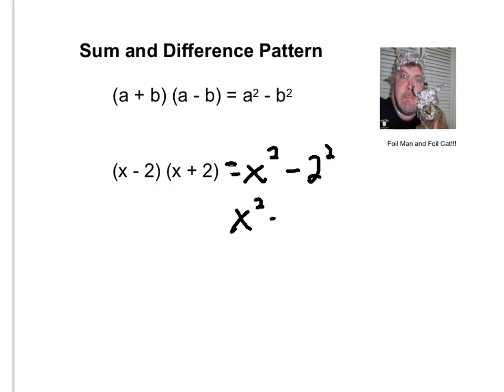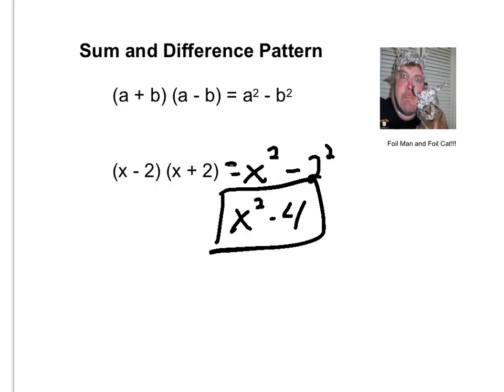So it's x squared minus 4, instead of FOILing that out. Again, that's called the sum and difference pattern. First terms are the same, second terms are the same, one's subtract, one's add. Again, it's the first term squared minus the second term squared. A lot easier, a lot quicker than FOIL, using the FOIL man and FOIL cat over here.